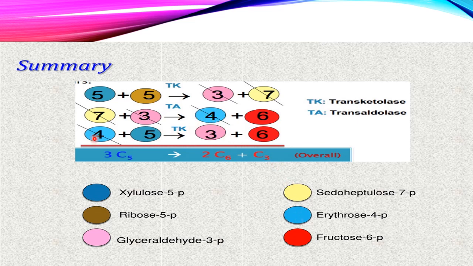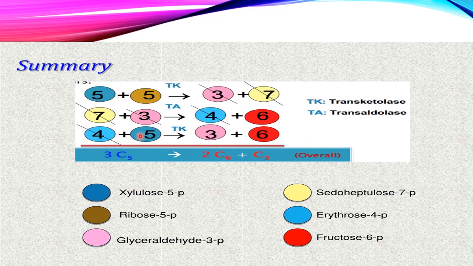Now this 4 carbon compound erythrose and our 5 carbon compound, that is our first one, the xylulose 5-phosphate, these two are taken together because the fructose 6-phosphate has already entered the glycolysis. Now in these two, again the enzyme transketolase is acting.